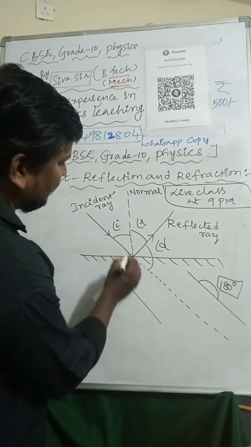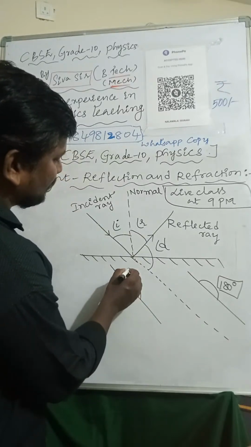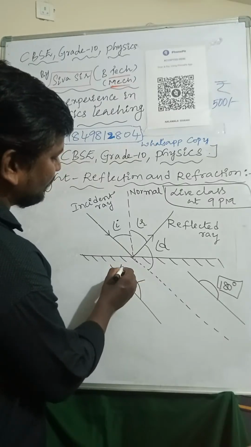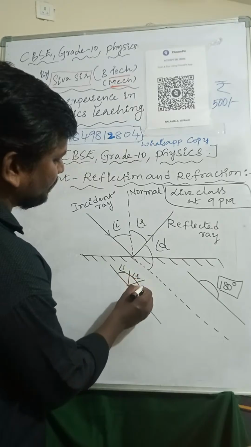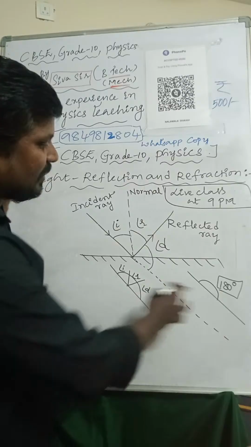So this is the angle of incidence, angle of reflection, and angle of deviation. This part is the angle of incidence, this part the angle of reflection. So angle of incidence plus angle of reflection plus angle of deviation is equal to 180 degrees.